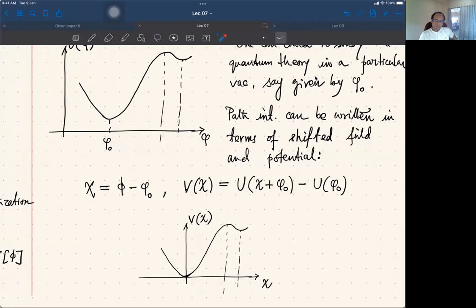There is no physics in that constant piece of energy, so you subtract it off from the definition of the potential. So this is a more satisfactory and more convenient picture to work with, and then you could consider the path integral in terms of chi and in terms of V. So how does that look? Let us see that in the next slide.